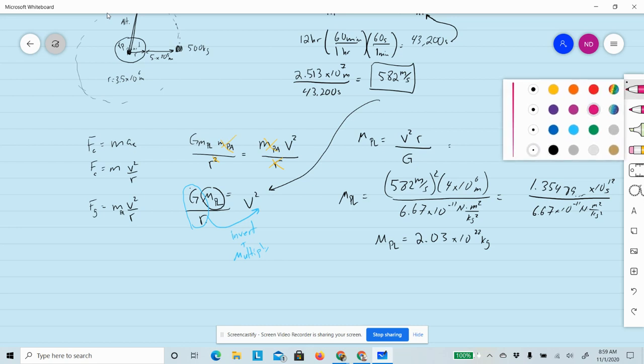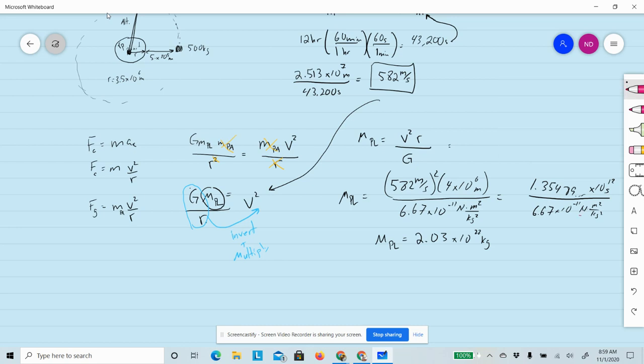Remember, a newton is a kilogram times a meter per second squared. So our seconds up here, we end up with, this is a second squared, right? Meters squared per second squared. So this is meters per second squared.